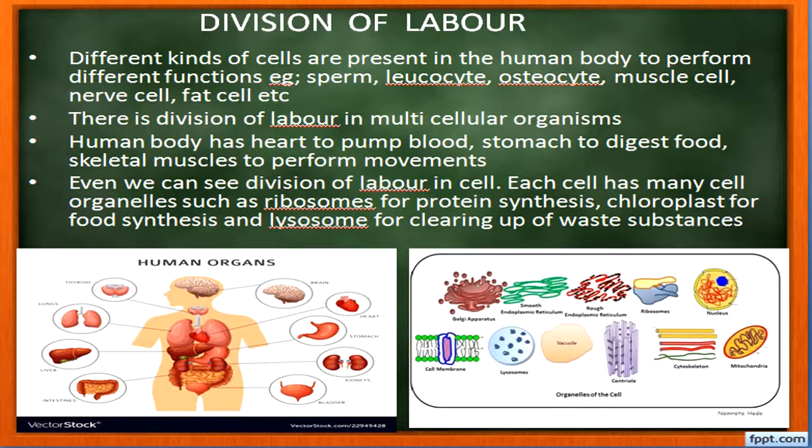So many organelles are there within a cell. They will be doing protein synthesis, or one packaging the food and transporting the food molecules. So like this, various activities are performed by different cell organelles in a unicellular organism.